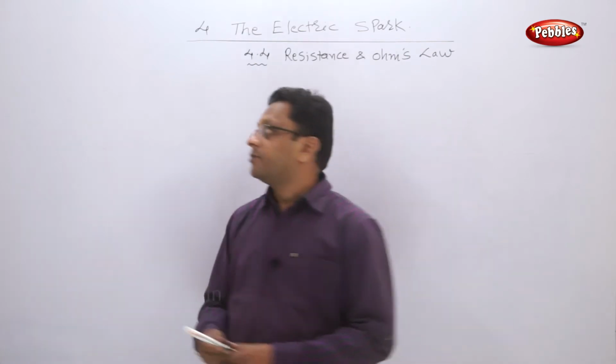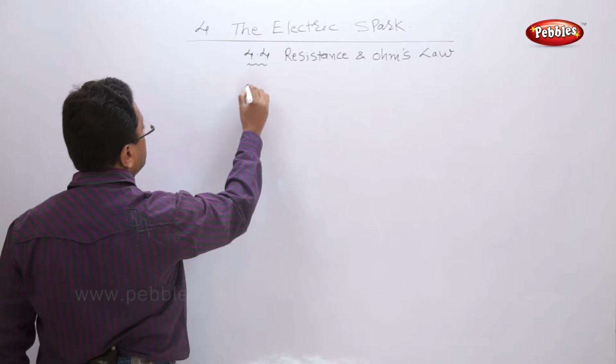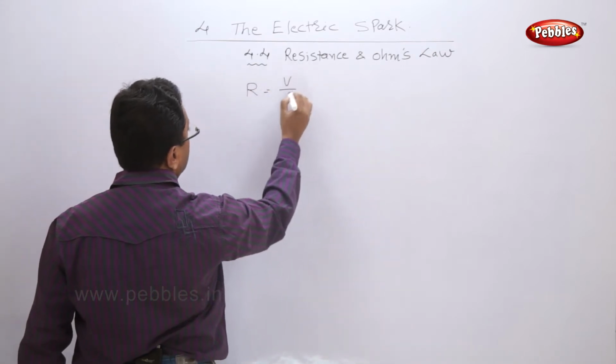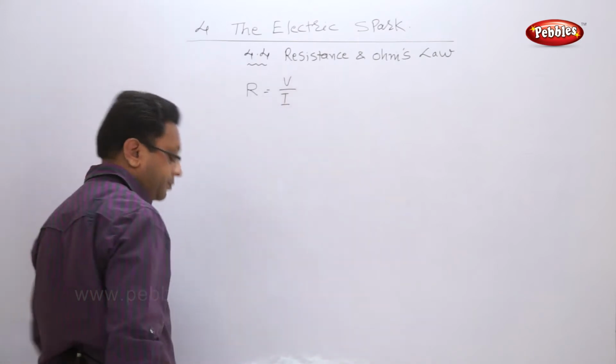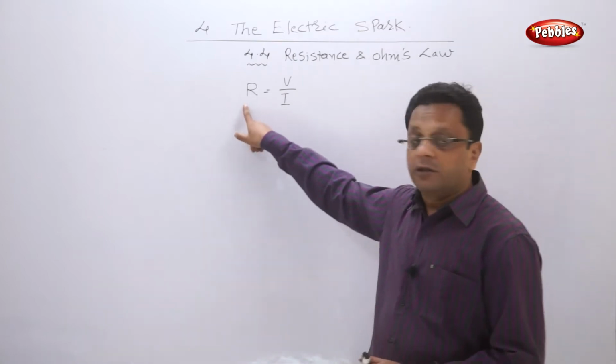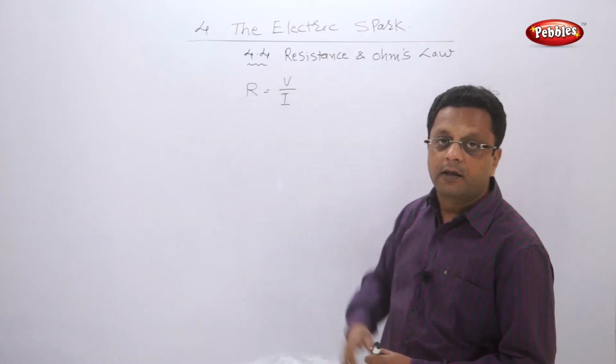Now numerically, resistance is denoted by the letter R and it is calculated by V upon I. Resistance is equal to potential difference divided by current.